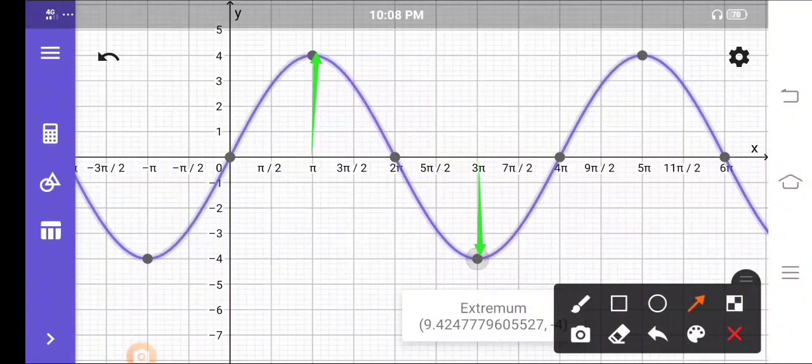If we consider the given function, y is equal to 4 sine 1/2 x, a is 4. So our amplitude is 4. In finding the period, that is one complete cycle, we make use of the formula 2 pi over b. In our given, b is 1/2. So 2 pi over 1/2.